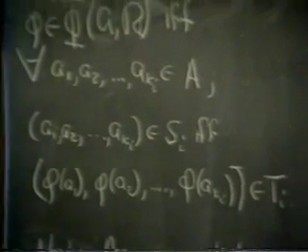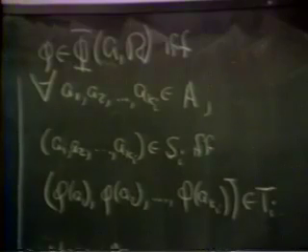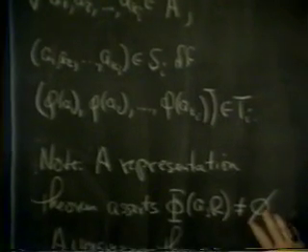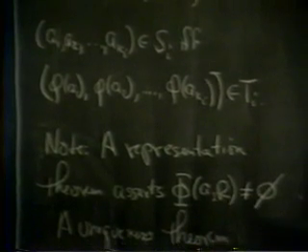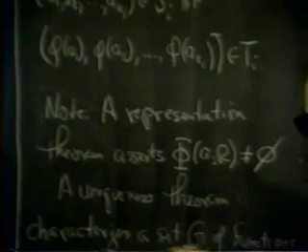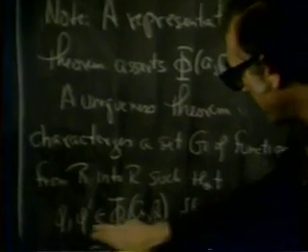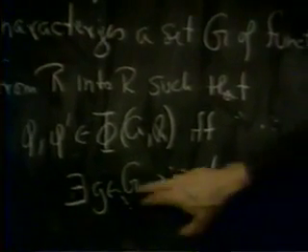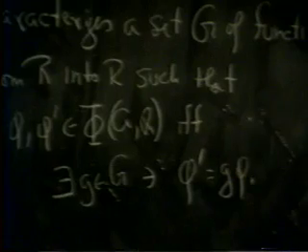In a typical representation theorem, then, is really the assertion that this set of homomorphisms is non-empty, that one has chosen the relational structure R to be of the right character, so there is at least one mapping from A into R. The uniqueness theorem characterizes a set G of functions from R into itself such that phi and phi prime are two homomorphisms if and only if there is some little g in capital G such that phi prime is g applied to phi.